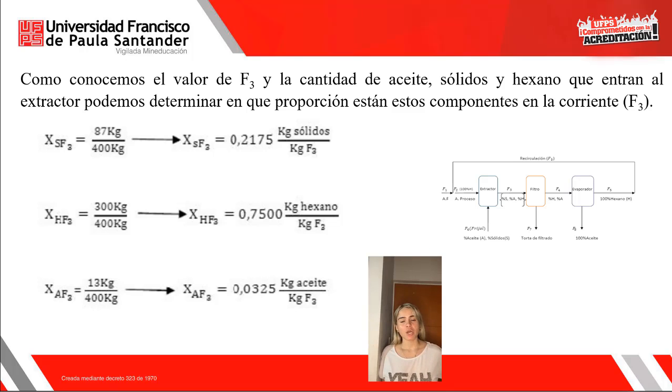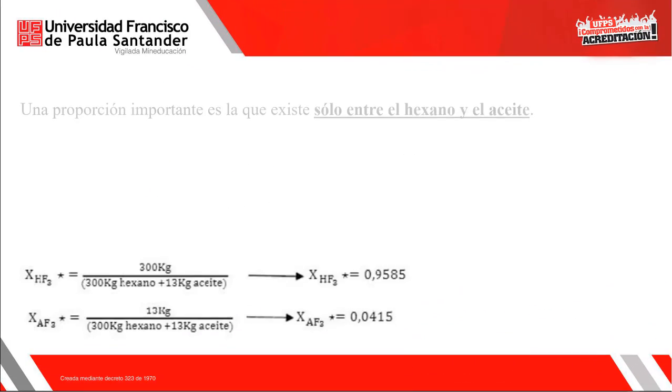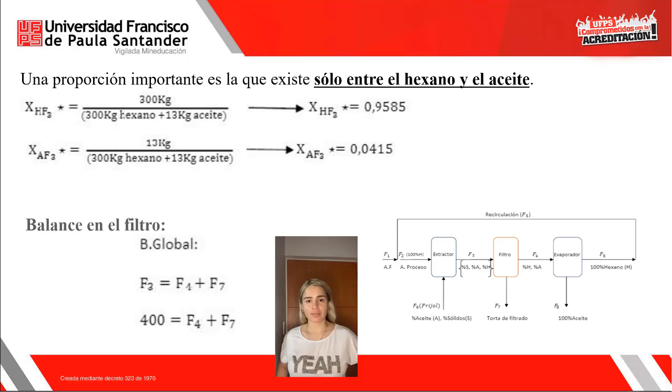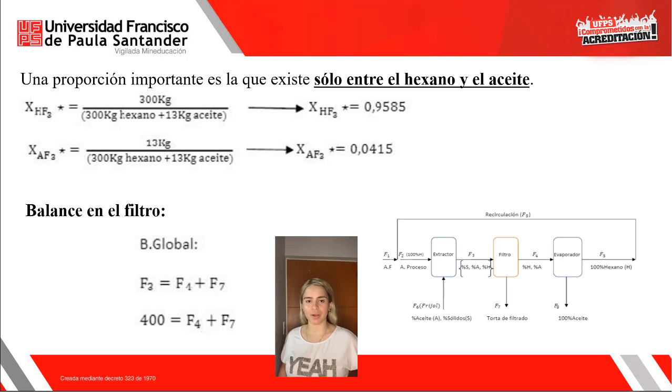For hexane, 300 divided by 400 equals 0.75. For oil, it is 13 divided by 400, which equals 0.0325. An important proportion is that which exists only between hexane and oil. Next, we do the calculation for hexane and oil.